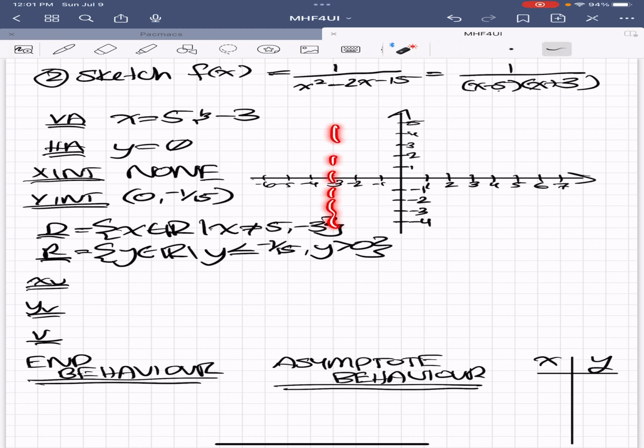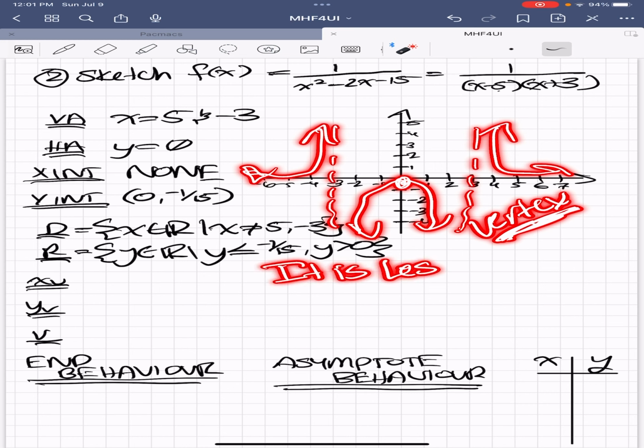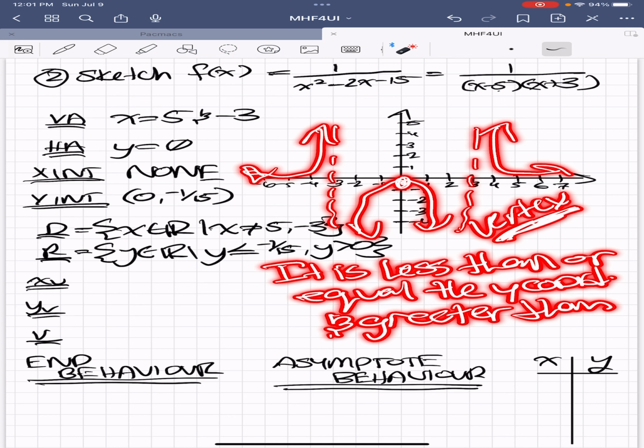We have our VAs, and for the parabola that's under here as a vertex, y is less than or equal to the y coordinate, and it is greater than but not equal to 0.